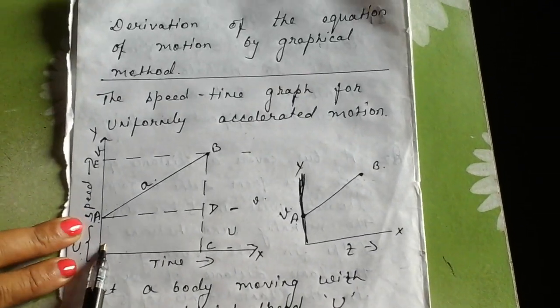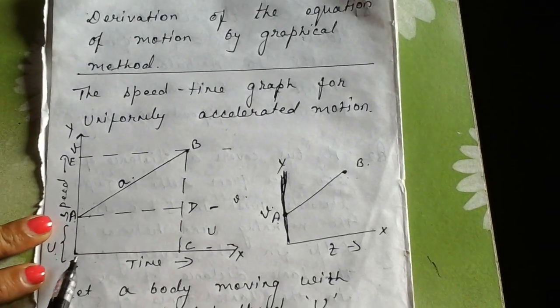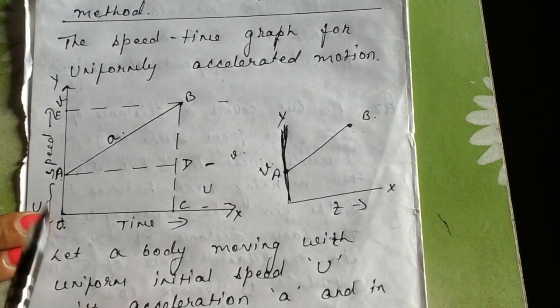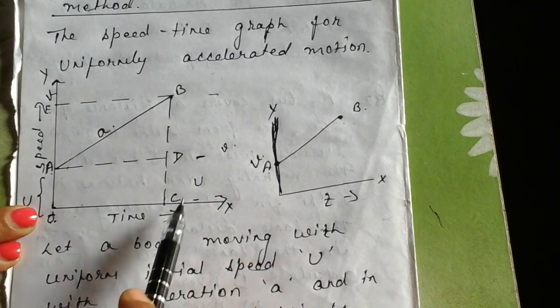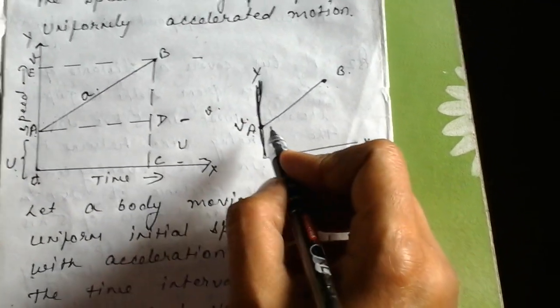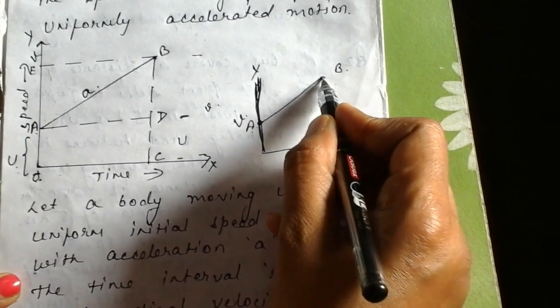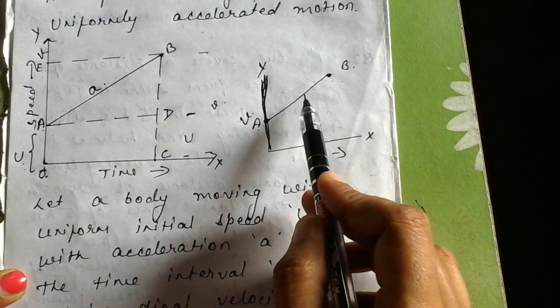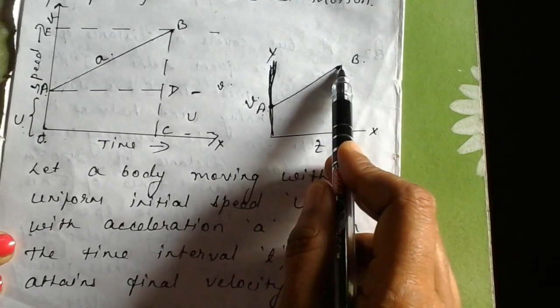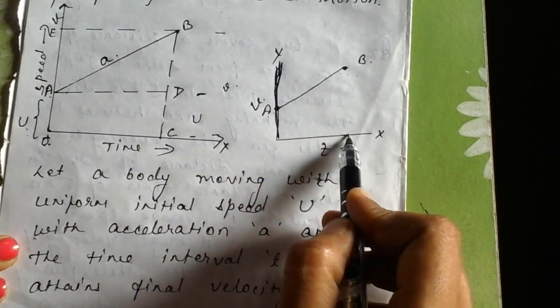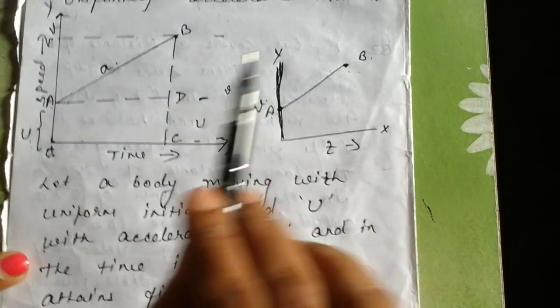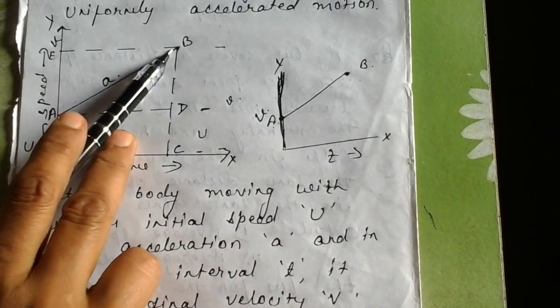From this graph, what have you got? Starting from O, we have A, B, C. Only AB is the slope. To find the relationship between this slope and the x and y axes, I have dropped one perpendicular on the time axis, that is BC.